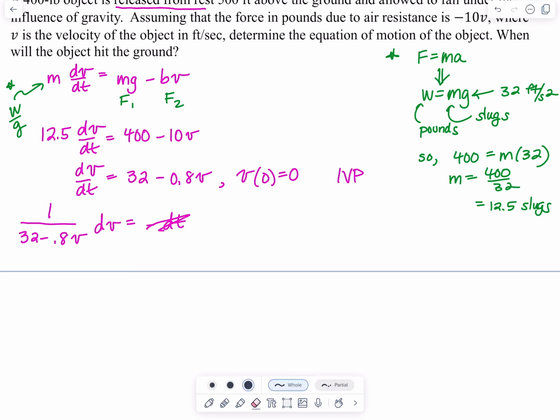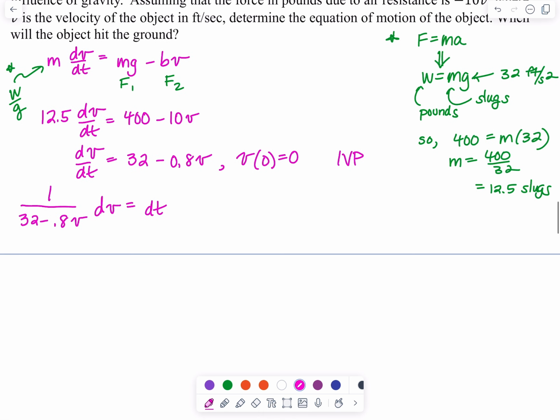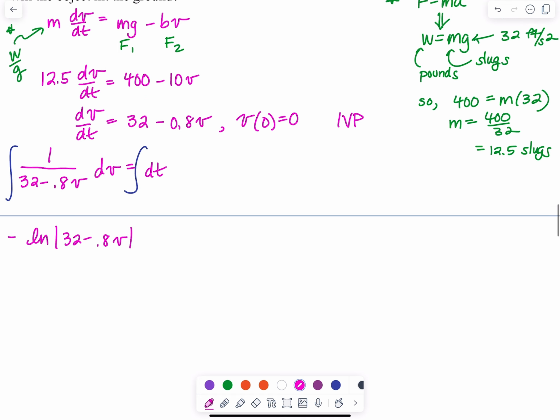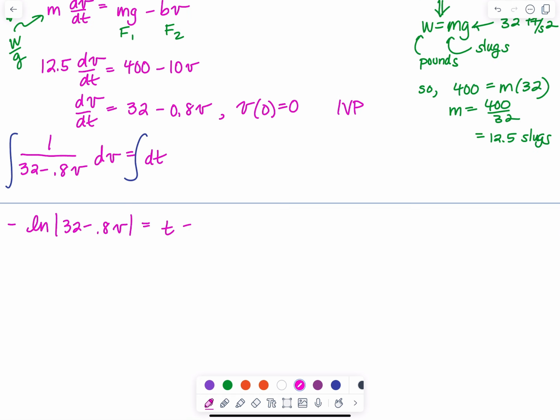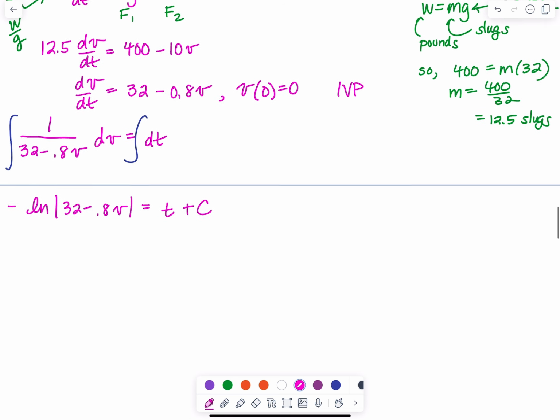Oops, that should just be dt. And solving that, we have, integrating both sides, the natural log of the absolute value of 32 minus 0.8 V, we do need a negative, is equal to t plus a constant.